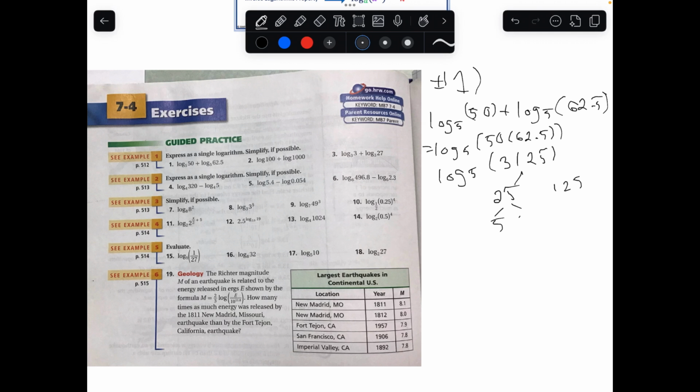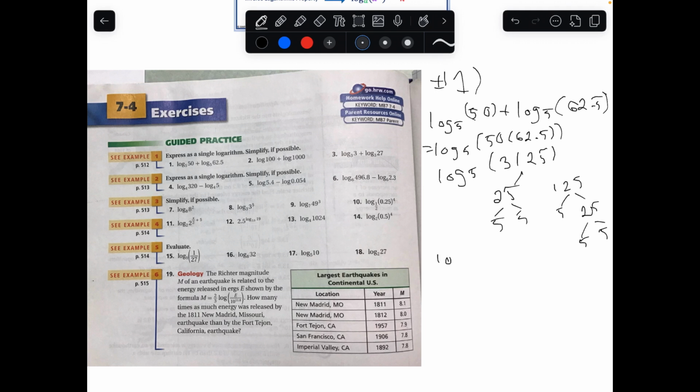This is going to give me a 5 and a 5. 125 is 5 and 25 again. So that's 5 and 5. So I have 1, 2, 3, 4, 5 of these. So 5 to the 5 will give me 3,125.